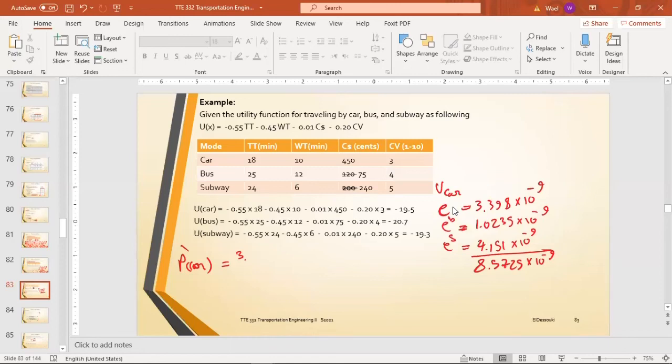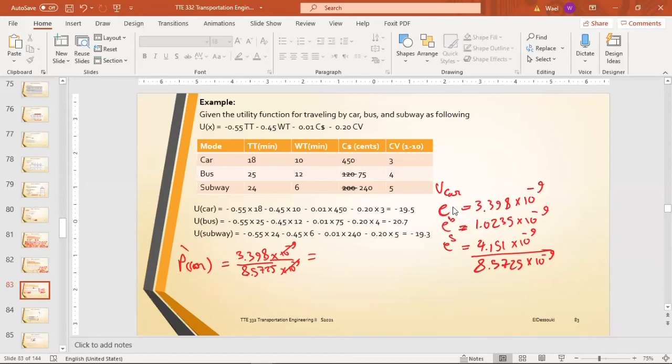So this one is going to be 3.398 divided by 8.5725 multiplied by 10 to the power minus 9 divided by 10 to the power minus 9. So actually the power goes away together. So it's going to be directly 3.398 divided by 8.5725.